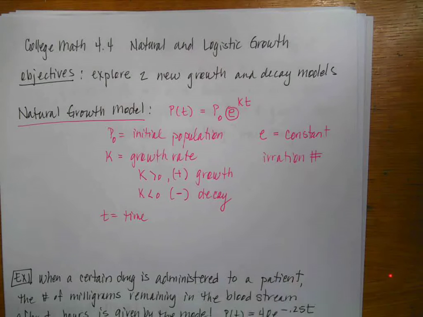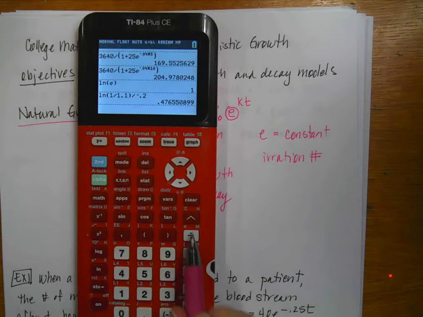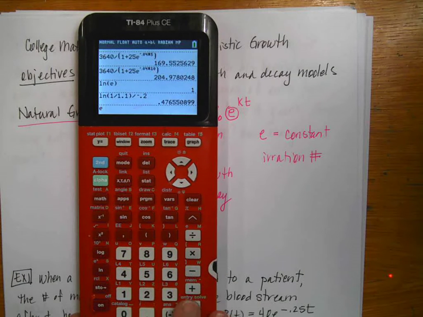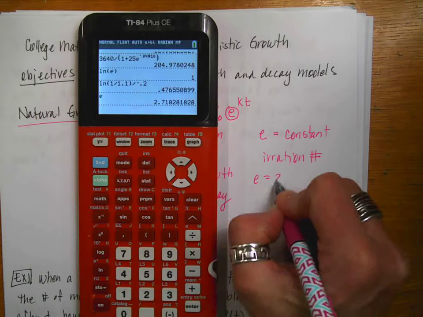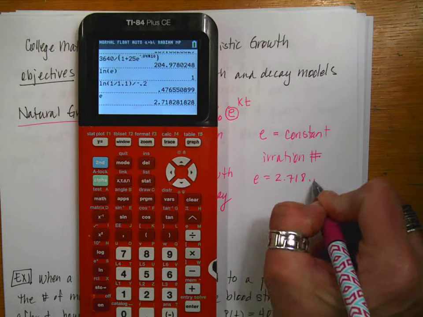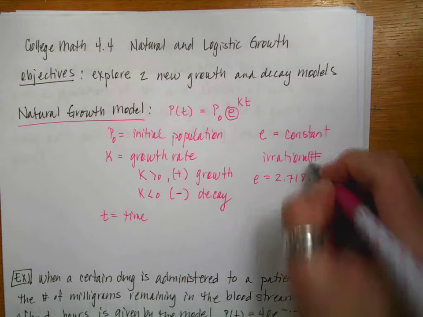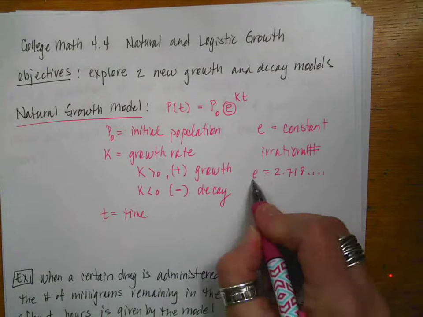And let me show you on your calculator. Right here, up above your divide sign is e. If I do second e, you can see e on your calculator, and I hit enter. The value of e is 2.718, etc., etc. And it is an irrational number. So this is just a constant.